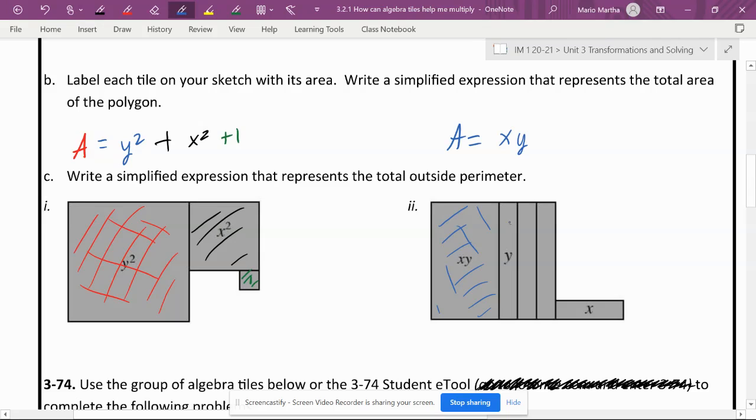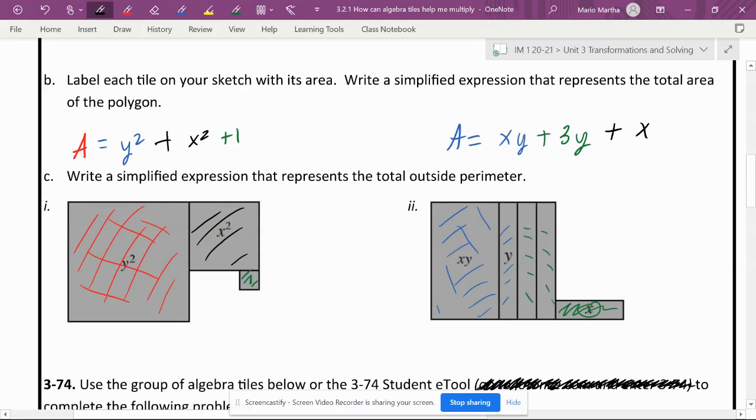And then this one has a length of y. How many of those do we have? 1, 2, 3. So plus 3y. And then the final one, which is just this rectangle, has an area of 1, so we just plus 1x. Sorry, 1x.